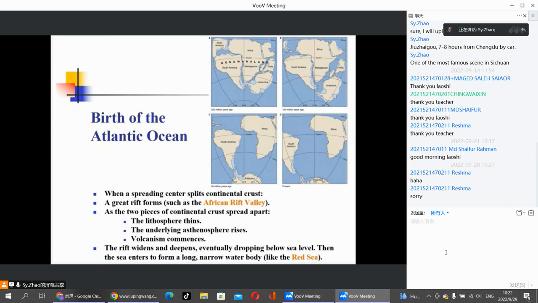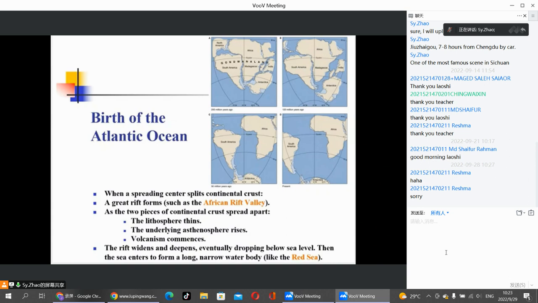It is spreading at 2 centimeters per year south of Iceland, and 4.5 centimeters per year at the point of maximum spreading in the southern Atlantic. When a spreading center splits continental crust, a great rift will form, such as the African Rift Valley.